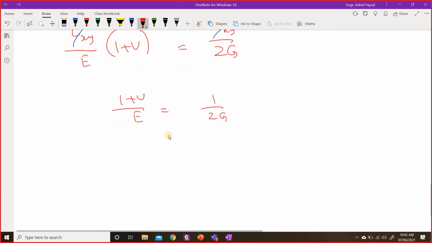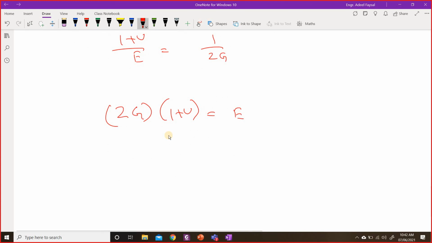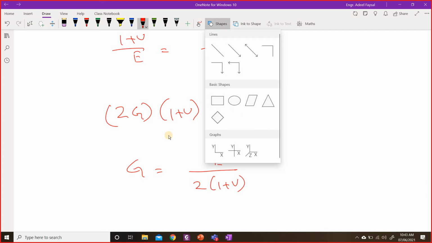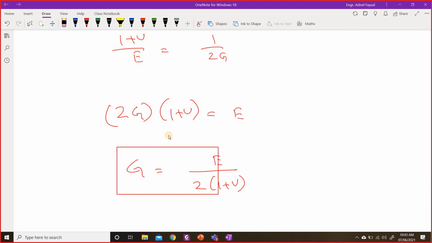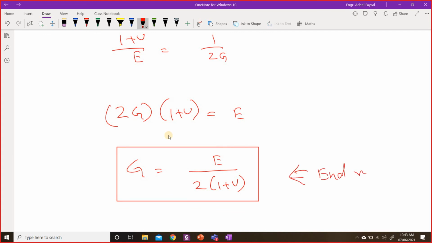You can write it in either way you like, but it is often written as 2G times 1 plus nu equal to E, and then I can rewrite it as G equal to E divided by 2 times 1 plus nu. This is the relationship between the parameters that we wanted. This is the end result: the relationship between E, G and nu.